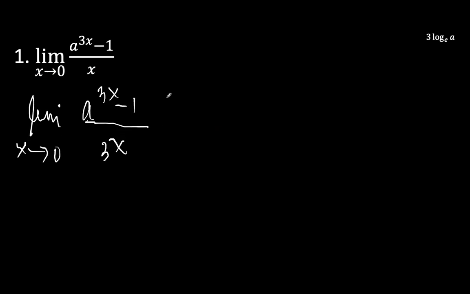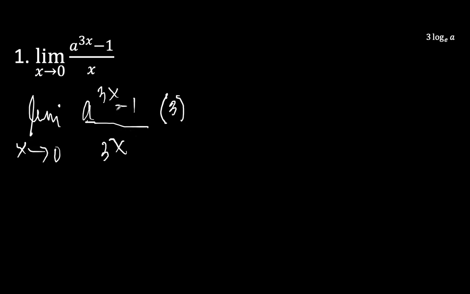And of course, we need to multiply the numerator by 3 as well in order to make sure that there will be no changes in the given function. All right, so it's just like you multiply the numerator by 3 and also the denominator by 3, which implies that you multiplied the given expression by 1.